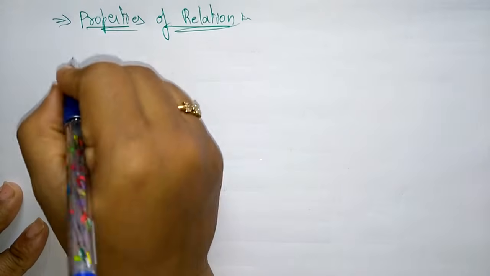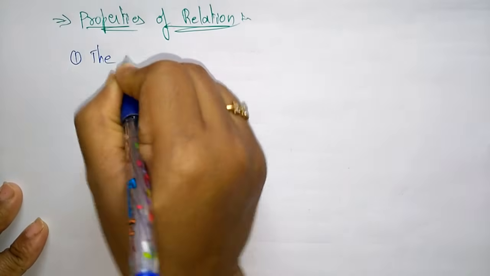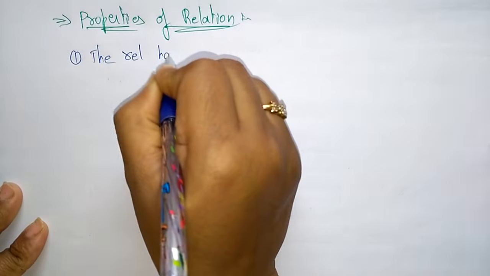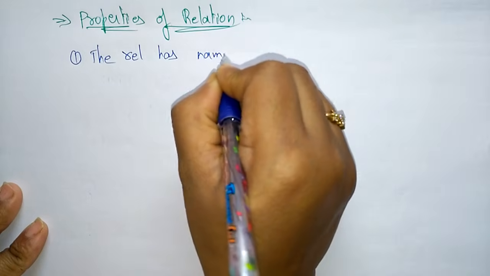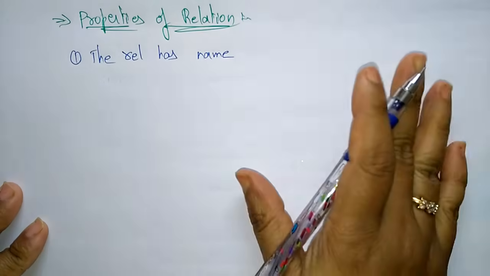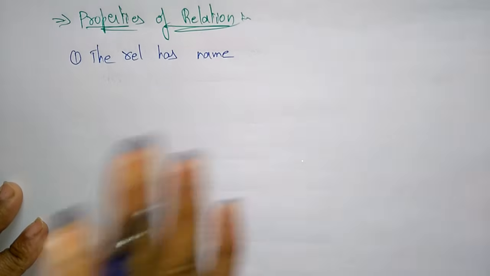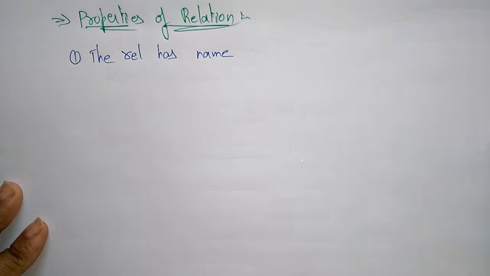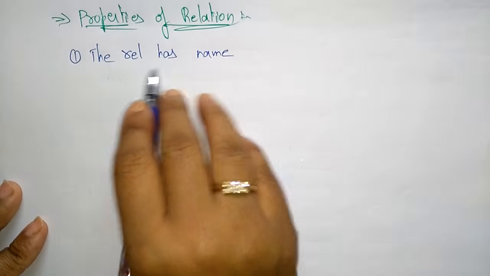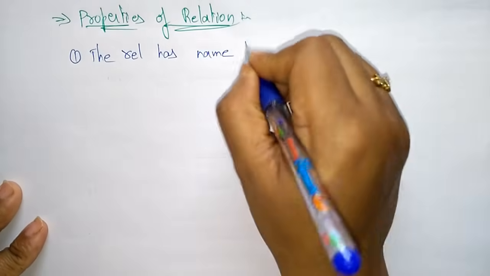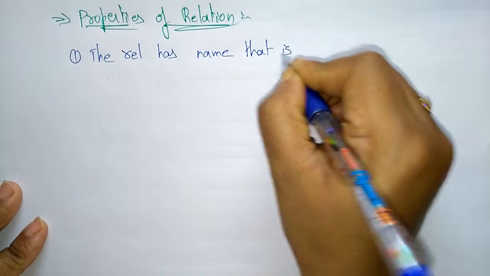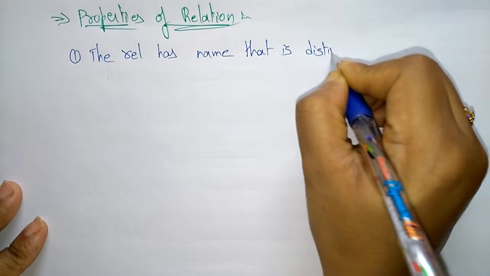The first property is that the relation has a name. Every table should be declared with a name, because without a name you can't identify the table. So the table has a name that is distinct, meaning each table has a unique name.